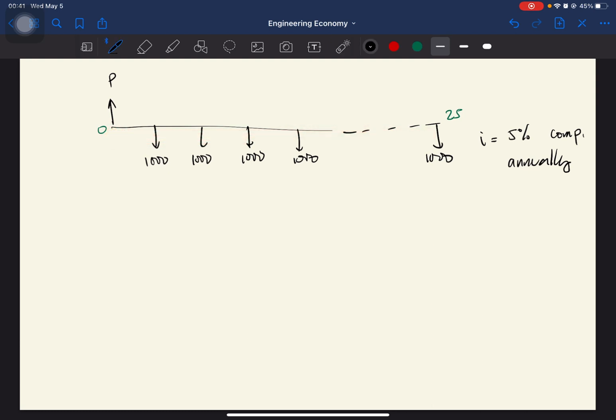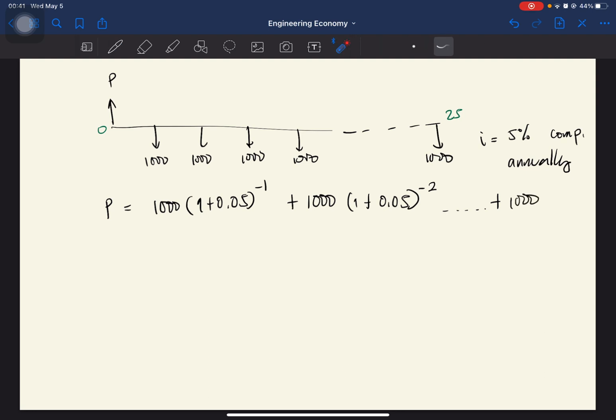So, it's going to be P equals 1,000. I-atras natin ang isa. Okay? Plus 1,000. I-atras natin ang dalawa. You know this formula. Plus dot dot dot hanggang dun sa huling 1,000, na i-atras natin ng 25 years.